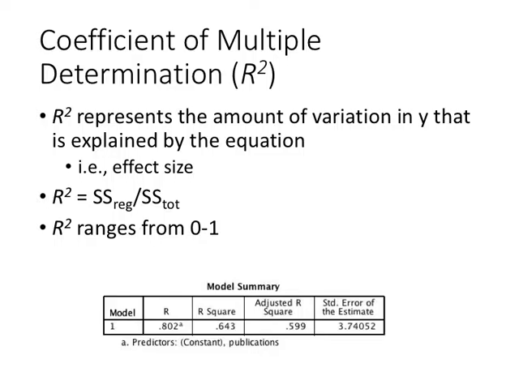And we assess that with an effect size measure. The sort of proper name for it is coefficient of multiple determination, which I don't ever hear anybody refer to it by. It's always just R squared.